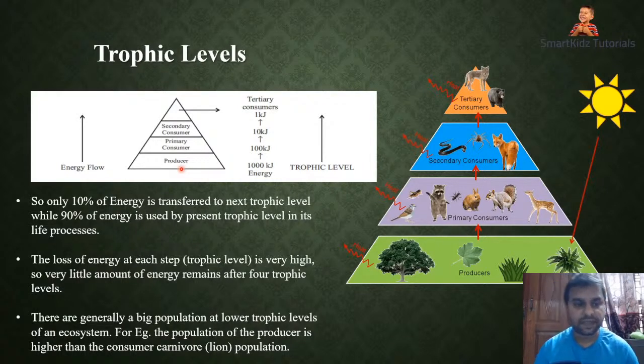So the loss of energy at each step is very high, and so very little energy remains after 4 trophic levels. That is why you see the population right at the bottom is far more compared to the population right at the top. Okay, there are a lot more plants than there are tertiary consumers.